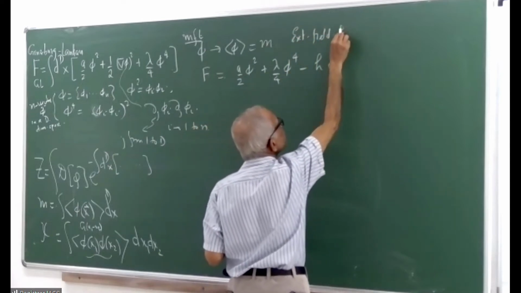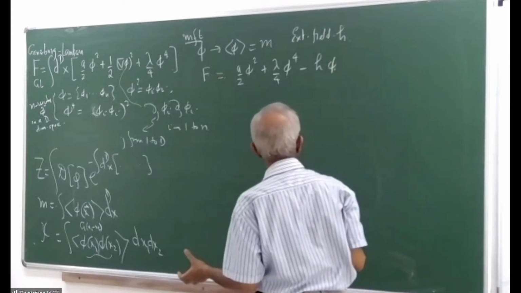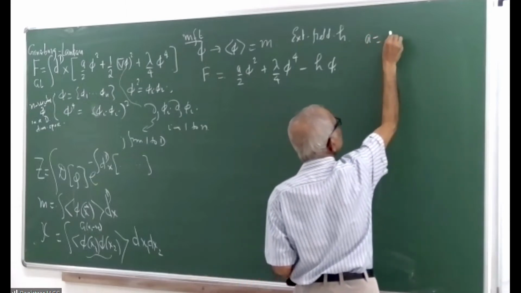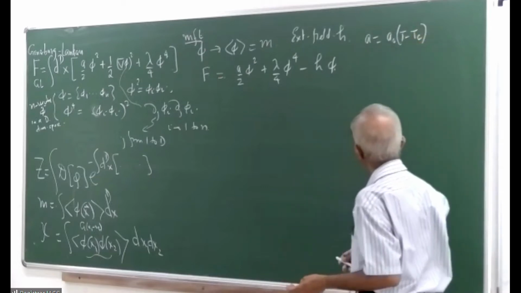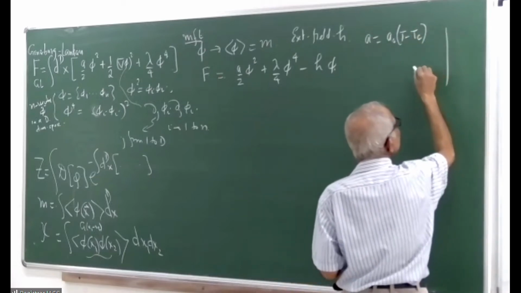And that is where we calculated things, where A is A0, some constant, times T minus Tc. That allows the free energy to change form.